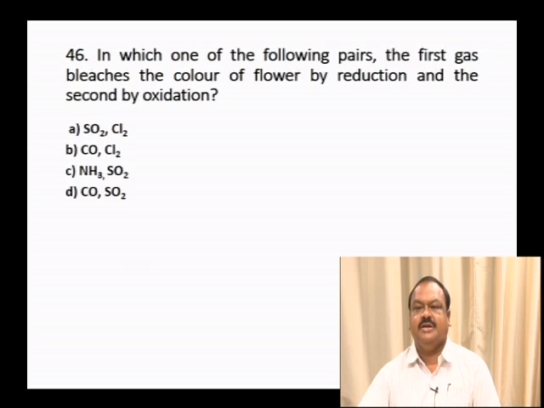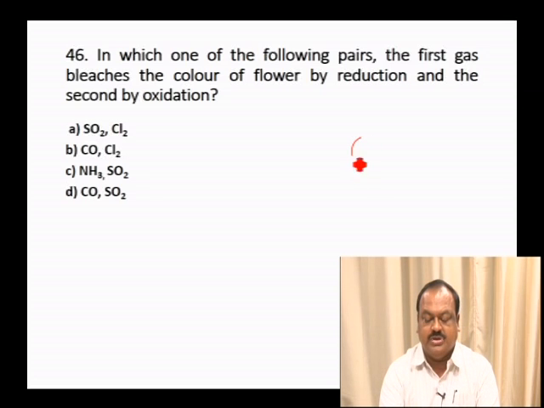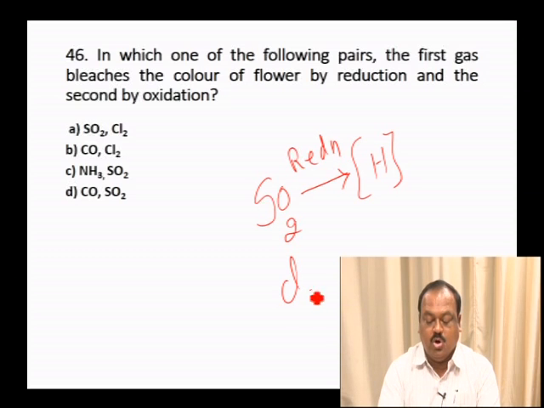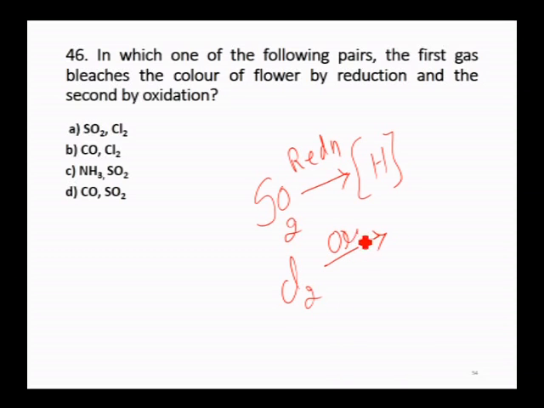Next, in which of the following pairs does the first gas bleach the color of flowers by reduction and the second by oxidation? Sulphur dioxide bleaches materials by reduction, that is by producing nascent hydrogen atoms. Chlorine bleaches by oxidation.